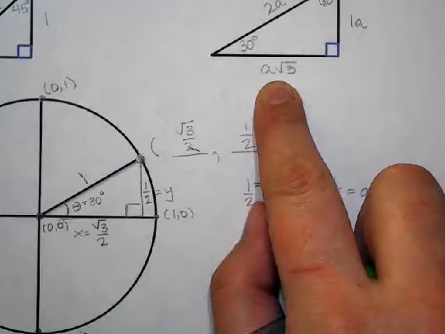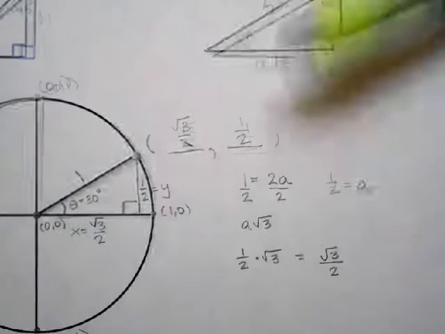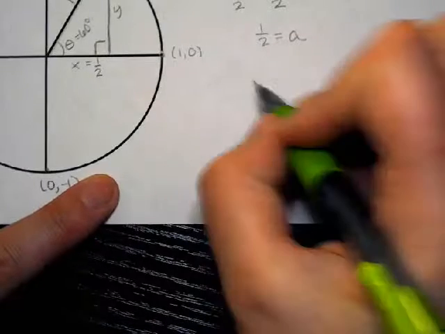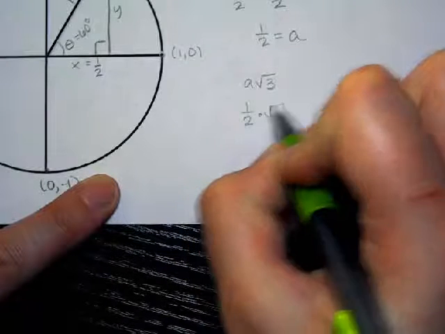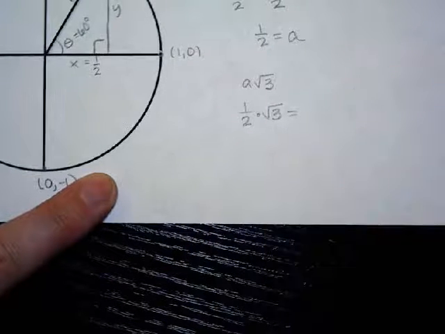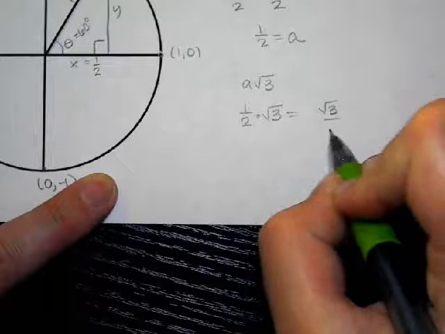So we're going to take our a value, which is 1/2, and do 1/2 times the square root of 3, and what does that give us? Square root of 3 over 2, right? We write that as a fraction. And that's going to be the length of our long leg.